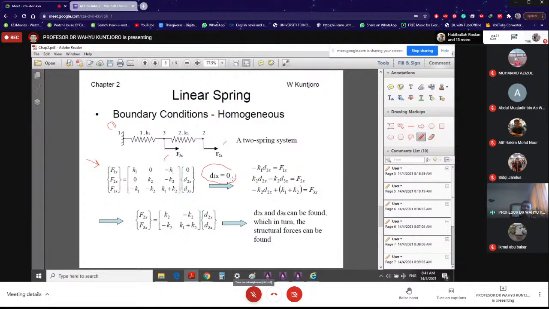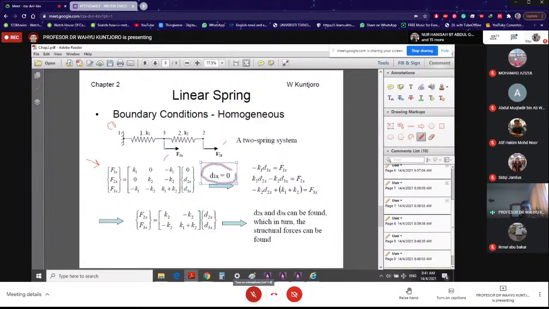So d1x, now you know, displacement node number one, x direction is 0. Okay, so what does it mean? It means that it is 0. Why is it 0? Because it is support. It cannot move.